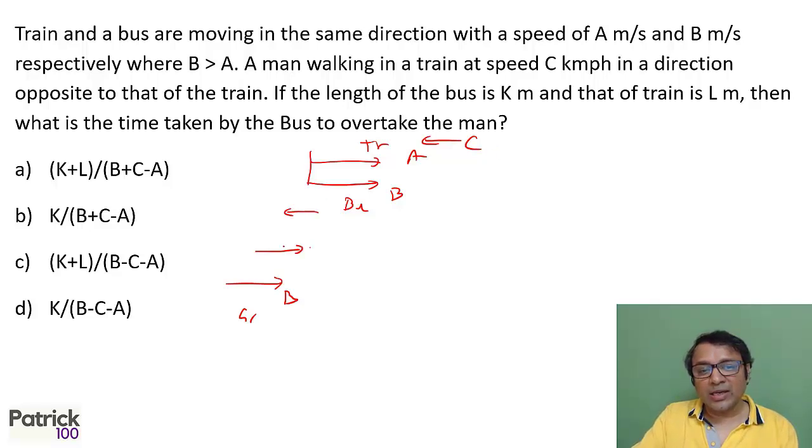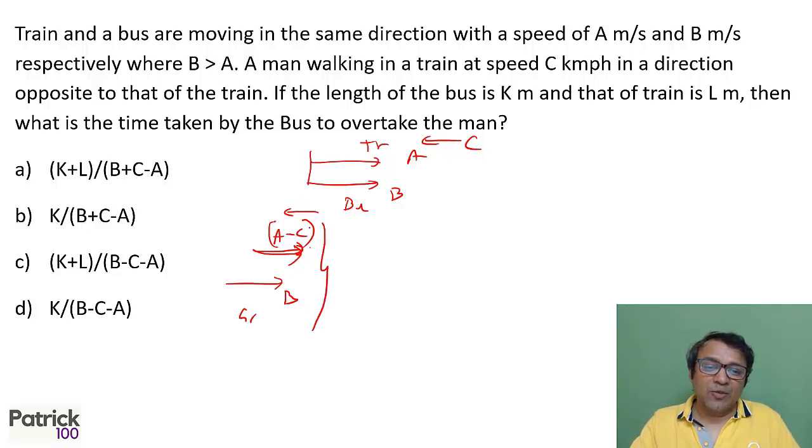The train is moving and he's walking the opposite direction, so his net speed is A minus C.